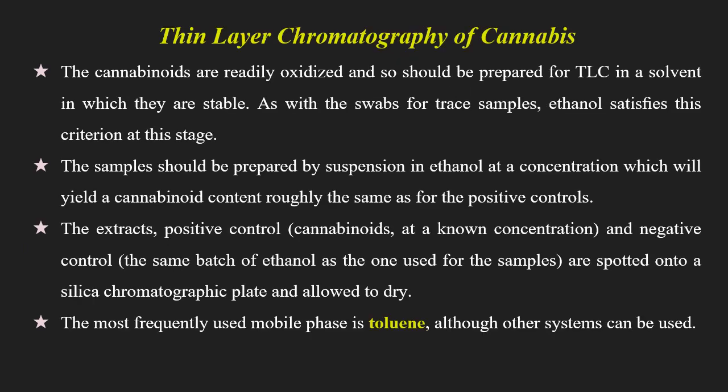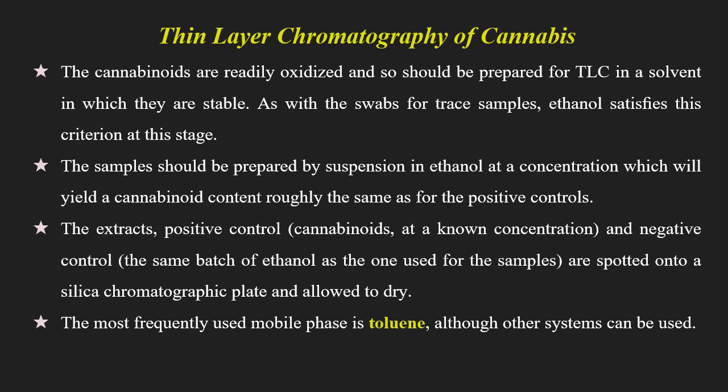The cannabinoids are readily oxidized and so should be prepared for TLC in a solvent in which they are stable. As with the swabs for trace samples, ethanol satisfies this criterion at this stage. The samples should be prepared by suspension in ethanol at a concentration which will yield a cannabinoid content roughly the same as for the positive control.